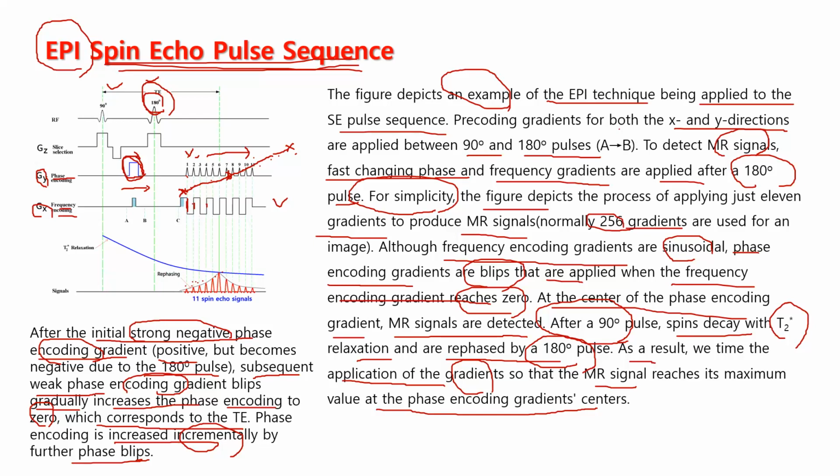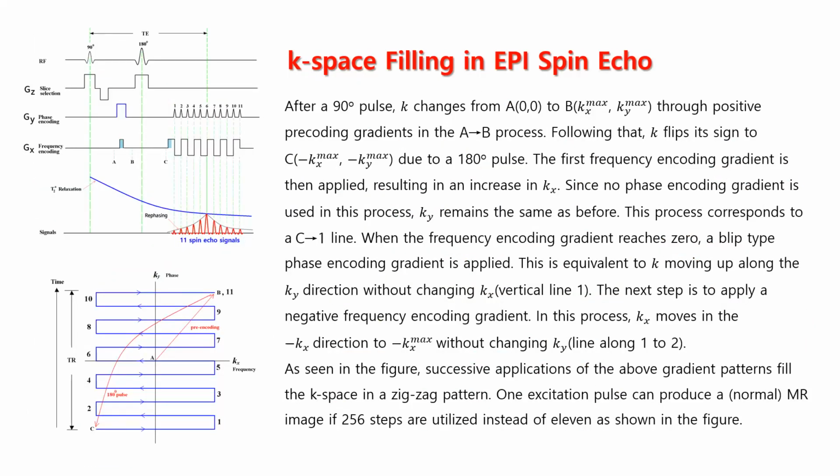So we have 256 MR signals at 256 different phases. Now let's see how the signals fill the K-space in the EPI spin echo.